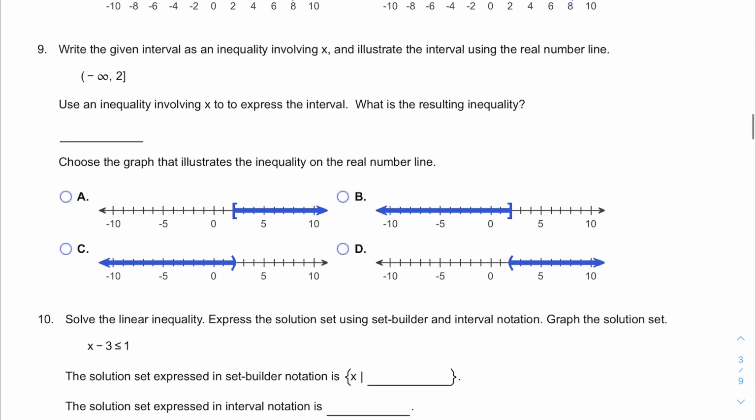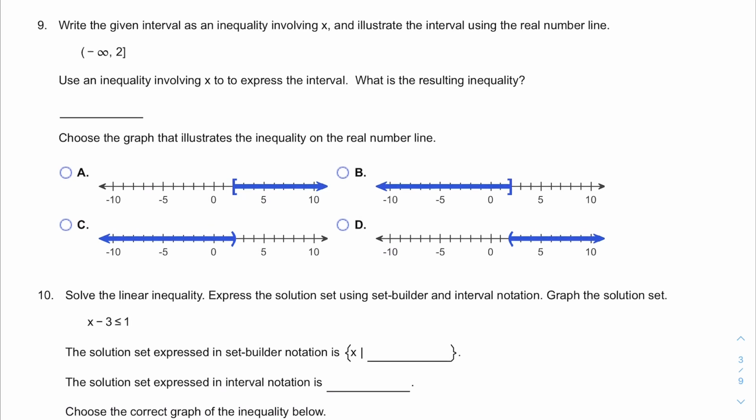Number 9, write the given interval as an inequality involving x and illustrate the interval using the real number line. Okay, use the inequality involving x to express the interval. What is the resulting inequality?